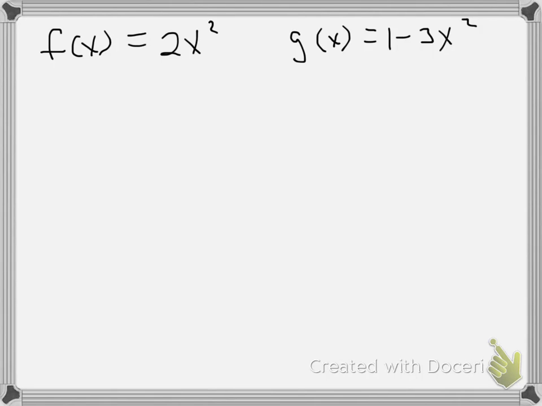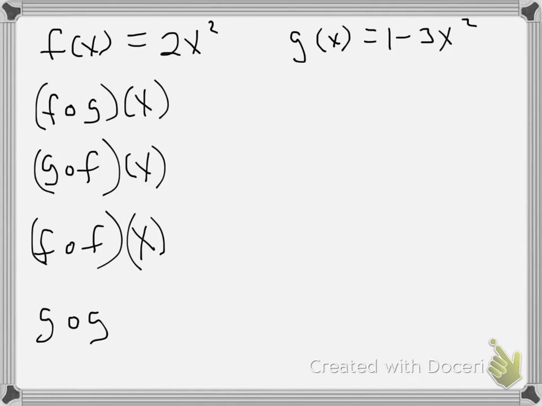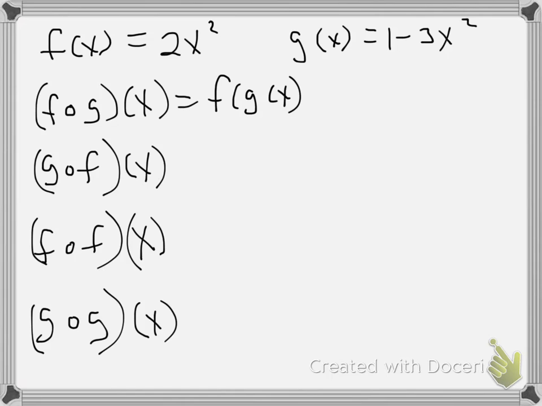And I want you to find f of g of x, g of f of x, f of f of x, I know that's wild and crazy, and g of g of x. Right? So what this means is we're going to take f and we're going to put g into it. And that means that we're going to have 2, and then instead of just an x squared, we're going to have what g equals, 1 minus 3x squared, and all of that squared.